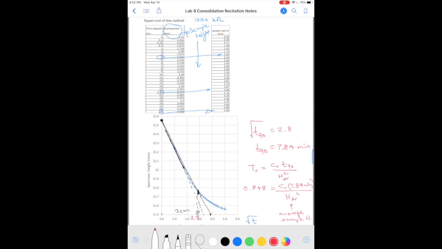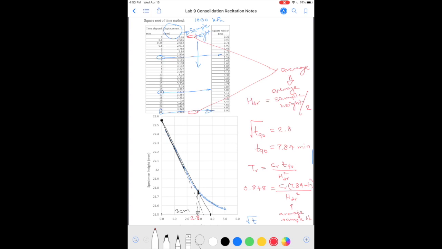So you have the first number here and the last number here, and you find the average of the two. That gives you average sample height, and HDR will be that divided by 2, and that gives you HDR.